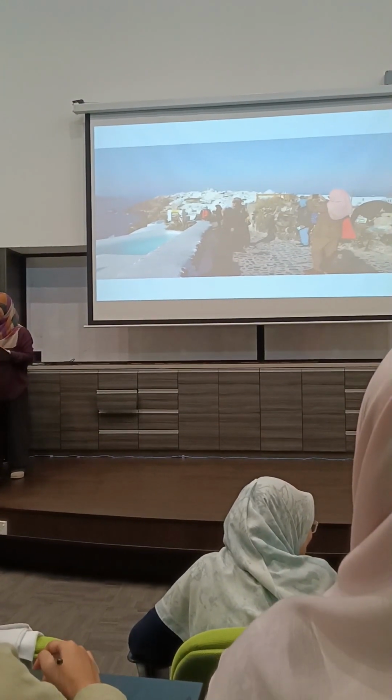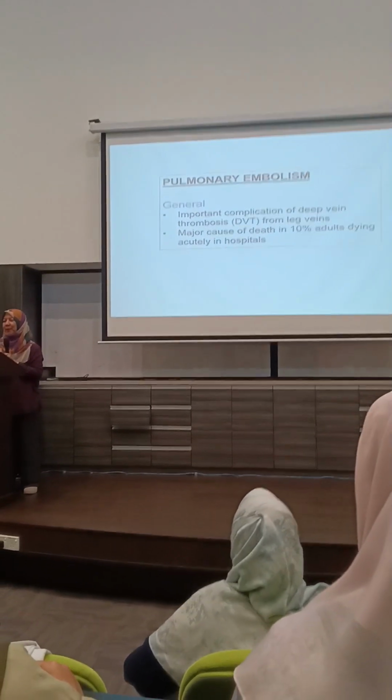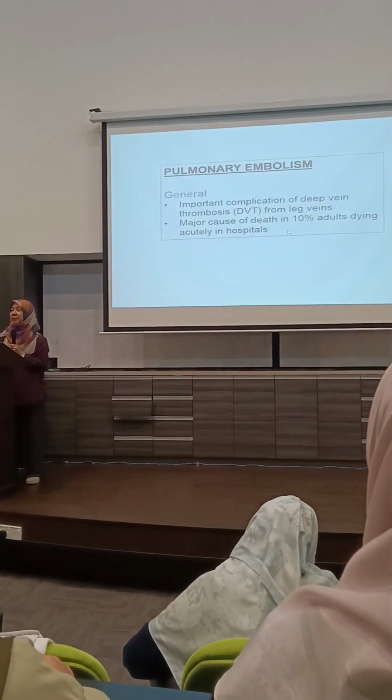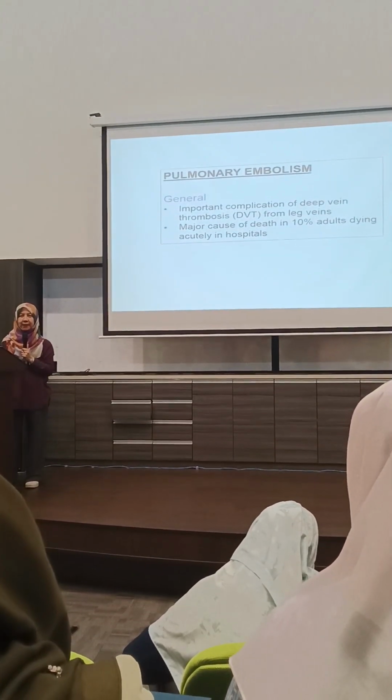Thank you. Yeah, we go quickly. Is it okay? Okay. So we'll do pulmonary embolism. Pulmonary embolism, where do they come from? They come from the deep veins of the leg. Okay?